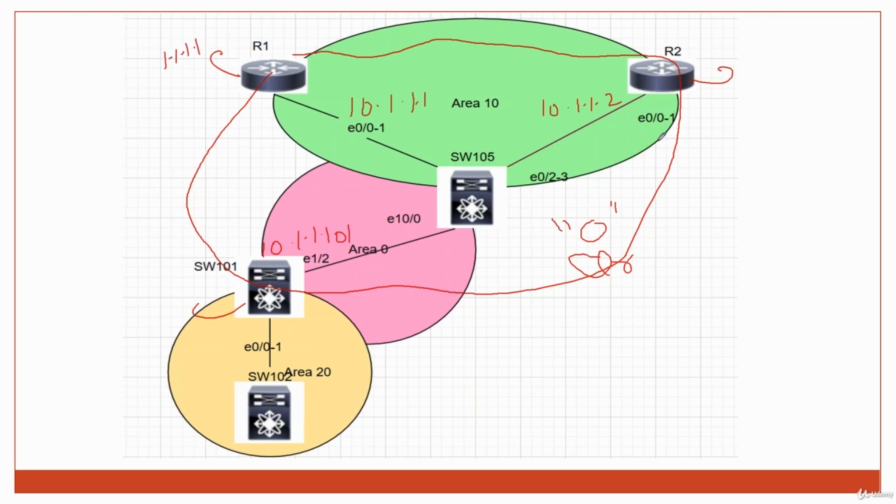Loopback addresses I will give as 1.1.1.1 for R1, 2.2.2.2 for R2 as per the name of the device, and 101.101.101.101 for the switch. Okay, we are going to initiate the OSPF process inside area 0, and then we'll see how they exchange all those hello packets and the important LS types.